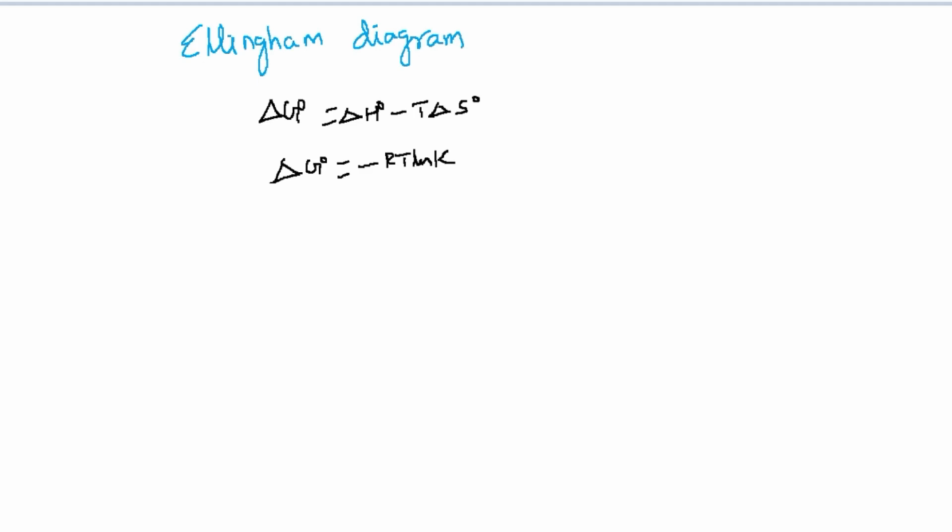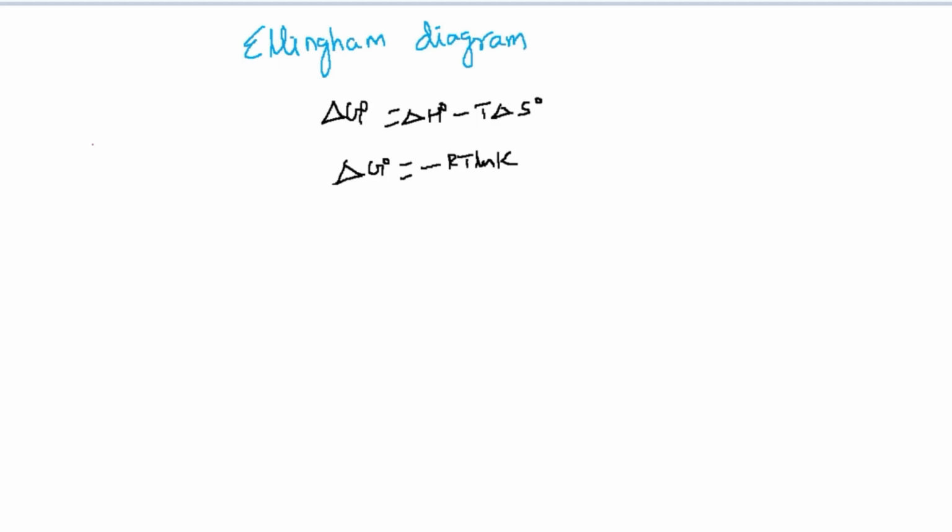Let us assume the general formula MxOy for the metal oxide. The metal oxide MxOy decomposes to give metal M and oxygen gas. Let us write this reaction for the production of 1 mole oxygen.